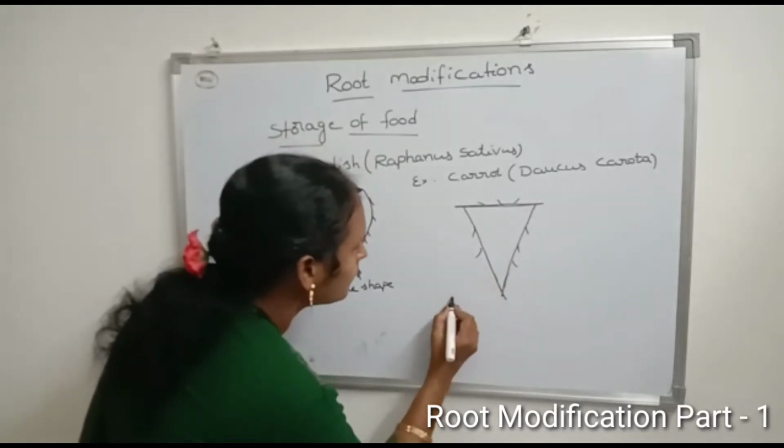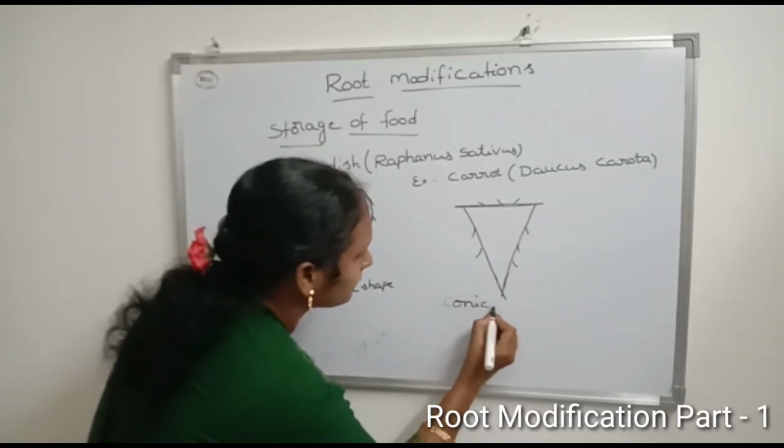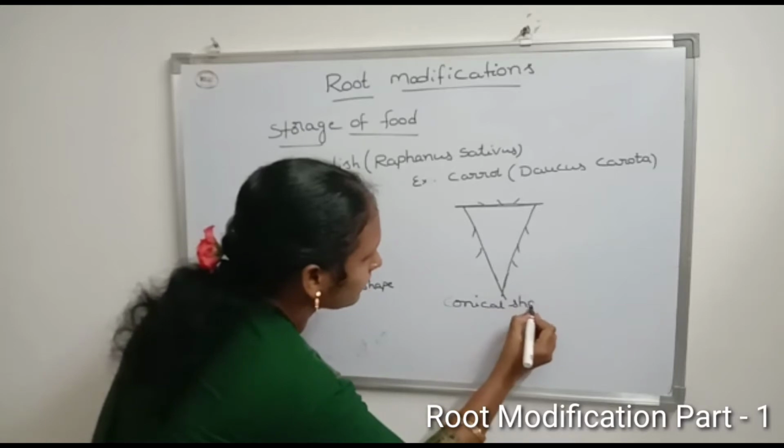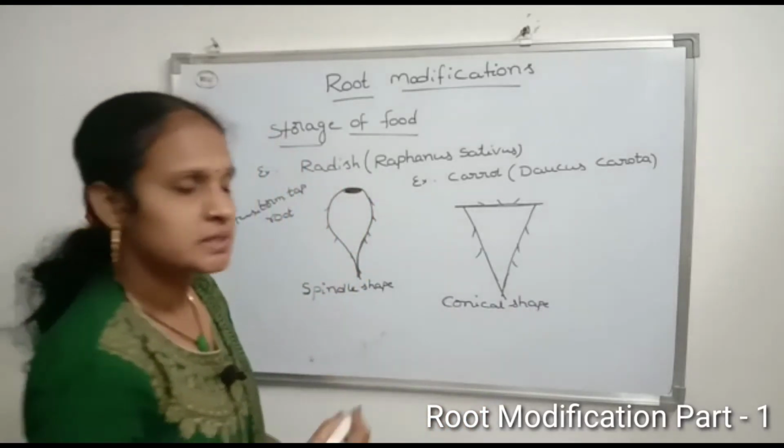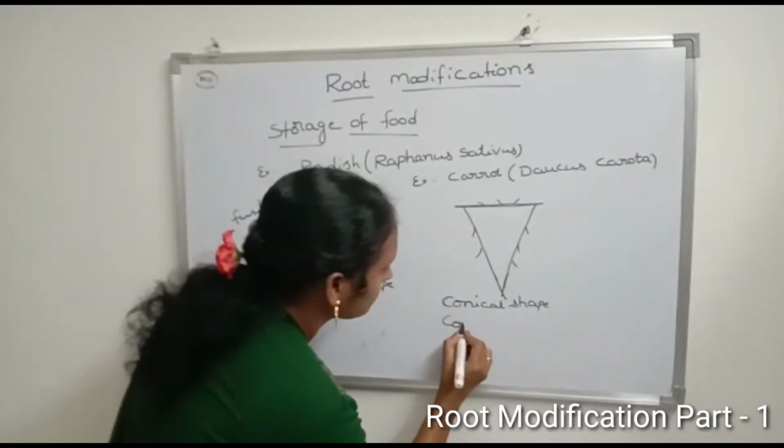It appears conical in shape. This type of taproot is called a conical taproot.